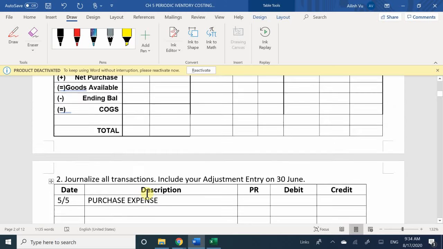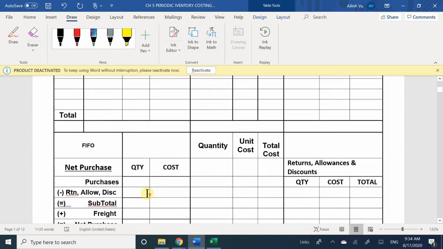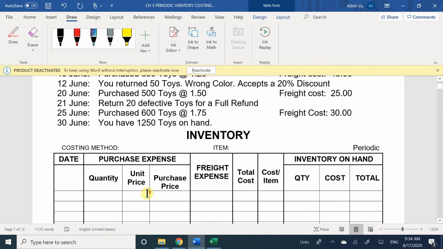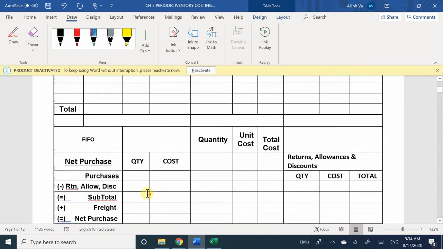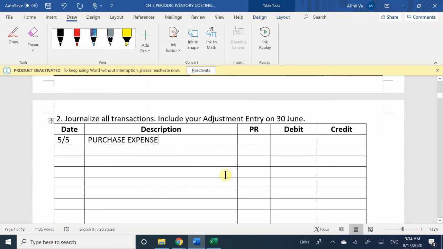Now, how much is this purchase expense for? $1,000. Yes, $1,000. Good. What is my next account? Freight expense, for $50.